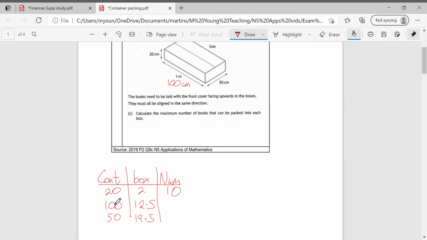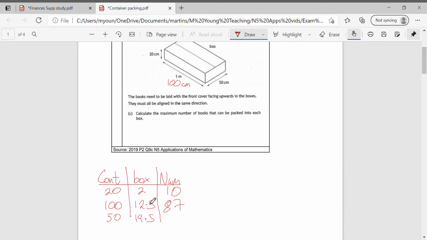For these ones I need to round down, because I can't round up, as 88 books wouldn't fit. I'm also not going to have half a book, so you round down to 87 for that one.